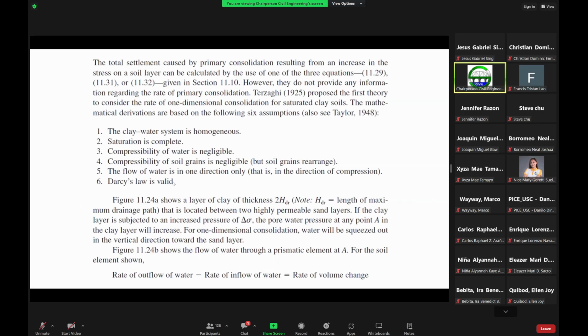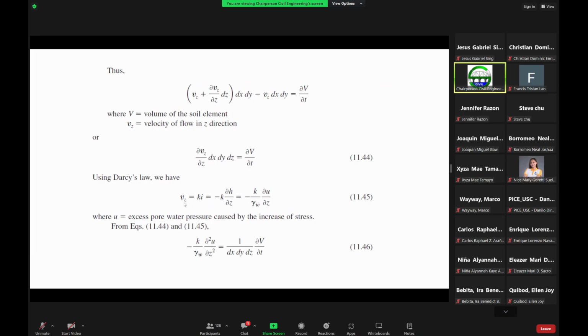And then applying Darcy's law, the velocity is equal to K times i, where i is the hydraulic gradient and K is the coefficient of permeability or the hydraulic conductivity. We can replace the hydraulic gradient by the negative partial derivative of h with respect to z, where h is the pressure head.